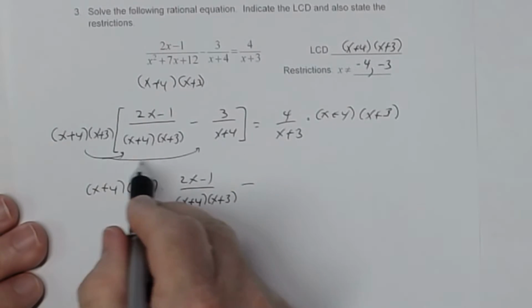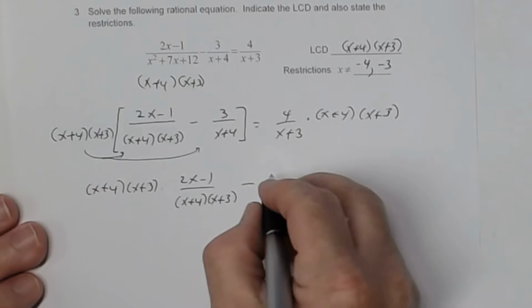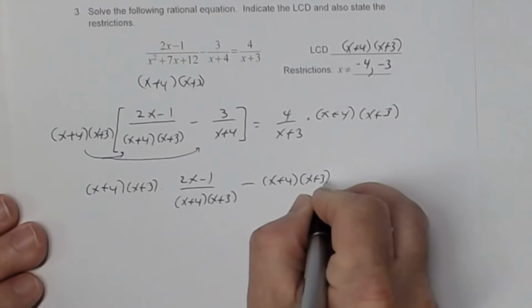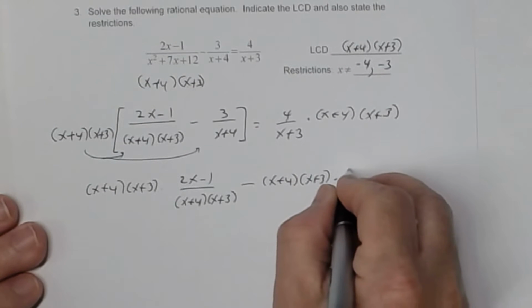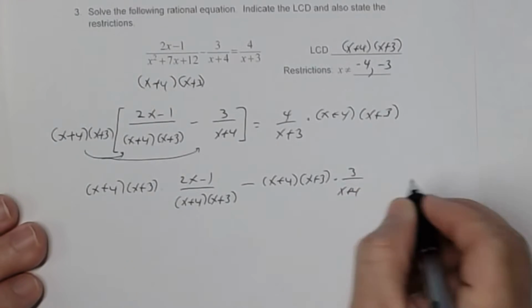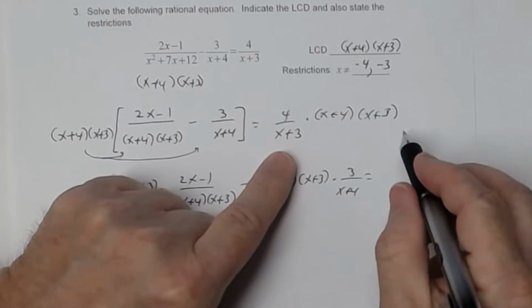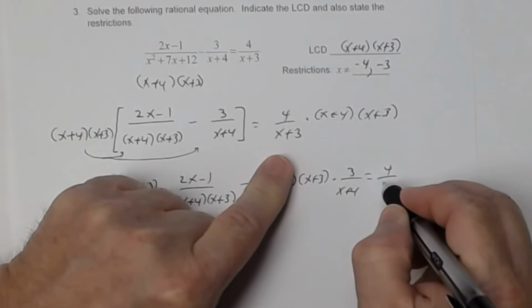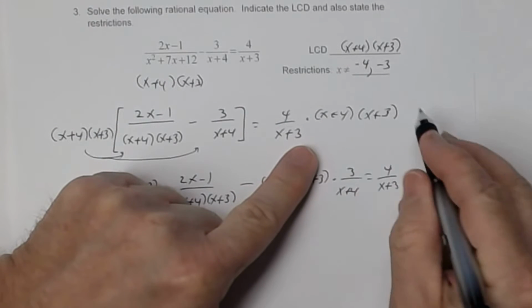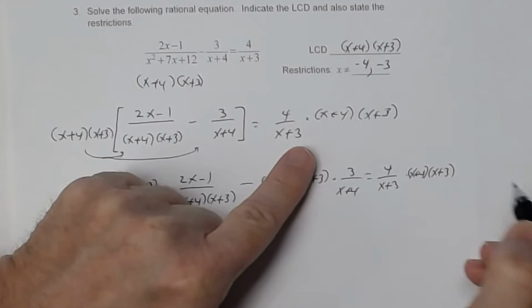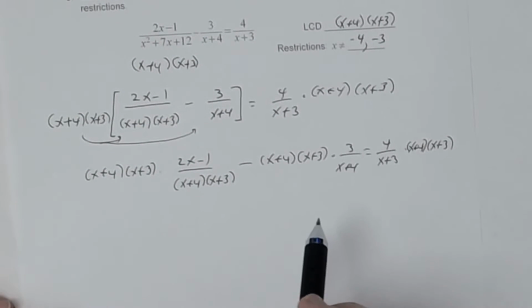Minus, and the same thing, the LCD times that second rational expression: x plus 4, x plus 3 times 3 divided by x plus 4, equals. All right, now I'm running out of room, so I'm going to have to write this a little bit smaller. So I get 4 divided by x plus 3 times the LCD, x plus 4 times x plus 3. Okay, now we're going to reduce.